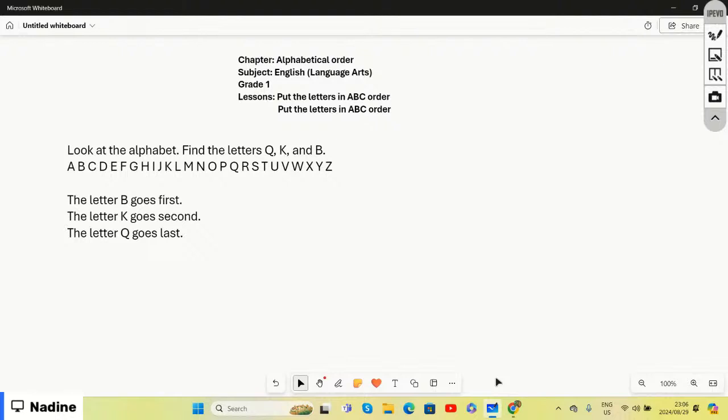The lesson that we are going to be focusing on under the chapter of alphabetical order is to put the letters in ABC order.